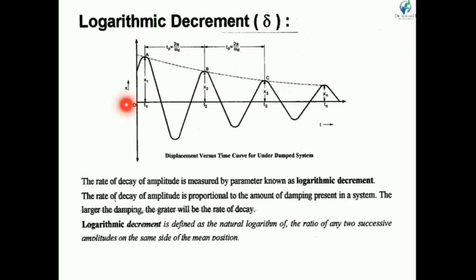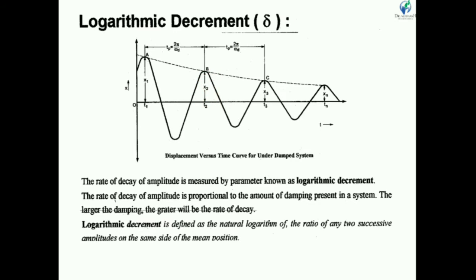Here this is the graph of displacement versus time. x1 is the amplitude in the first cycle and x2 is the amplitude in the second cycle.